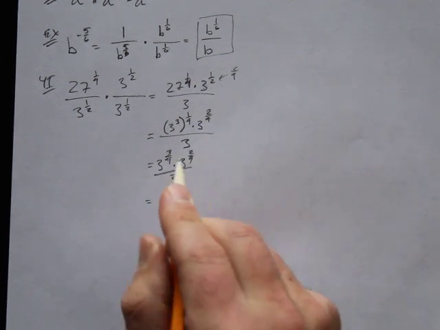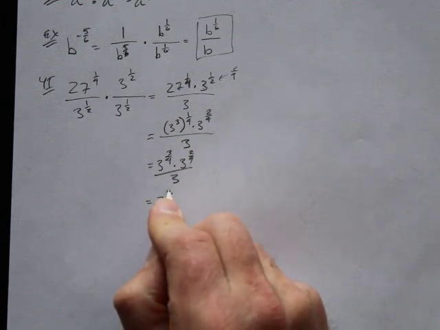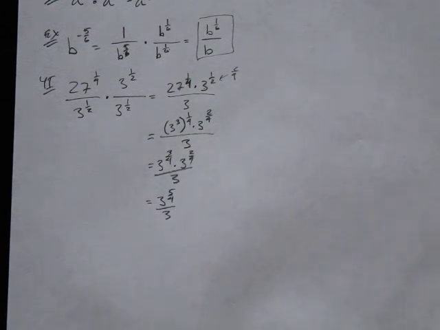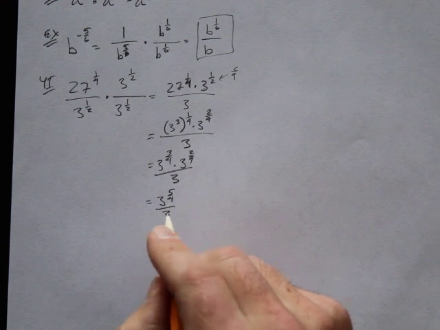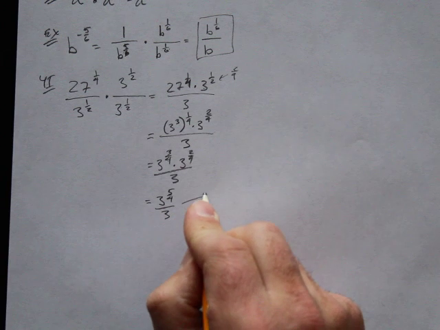So 3 plus 2 is 5, so 3 to the 5/4 over 3. Now I'm not quite done yet, because there's still something more I can do here.